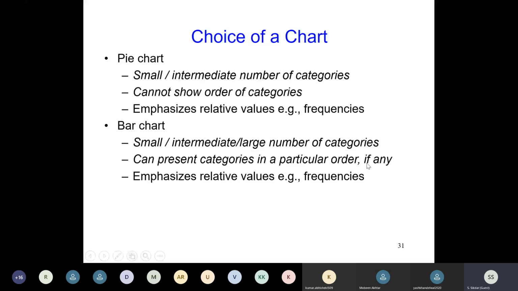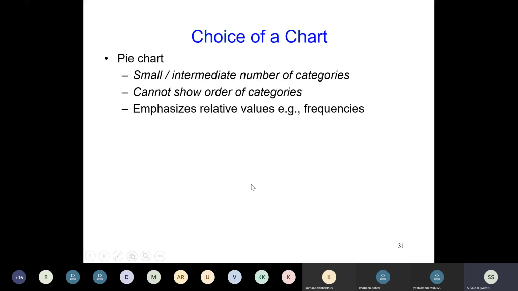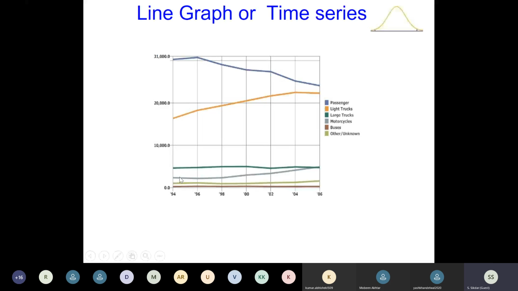If I want to show a bar chart, I can put passenger cars first, with the highest bar visible, then large trucks, and so on. That order is my choice.